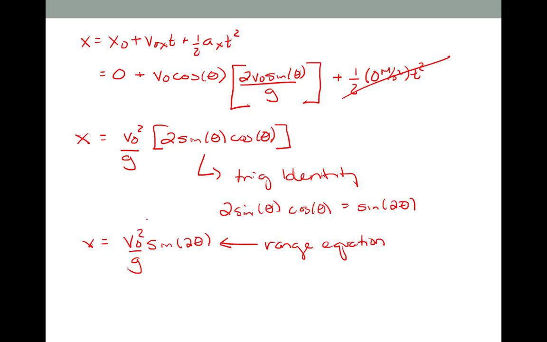And notice the only things that are left in here are horizontal position, which was given in the problem as 2 meters, initial velocity, which was given in the problem as 6.8 meters per second, and the acceleration due to gravity, which is 9.8 meters per second squared. So I know everything here except the angle, which is what I want to find.